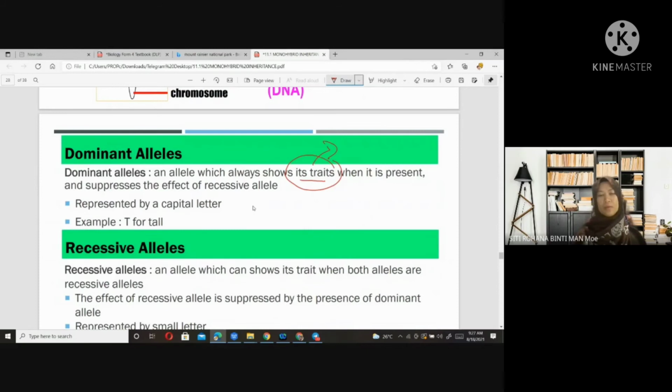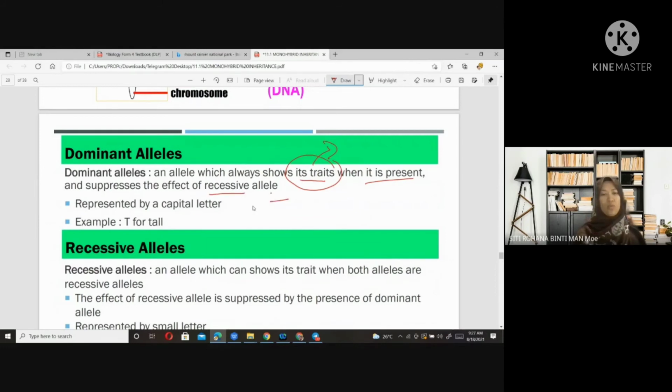Okay. So kena faham actually distribution of gene due to climate. Yang ni awak tak belajar detail lah. Macam kita orang Asia memang majority rambut warna hitam because we carry the dominant allele. Okay. So when it is present it suppresses the effect of a recessive allele.